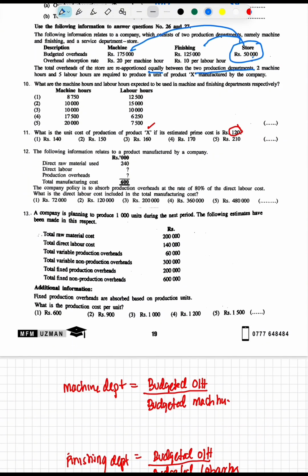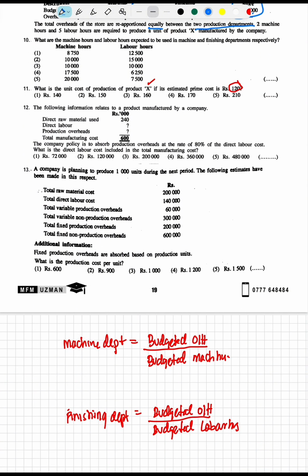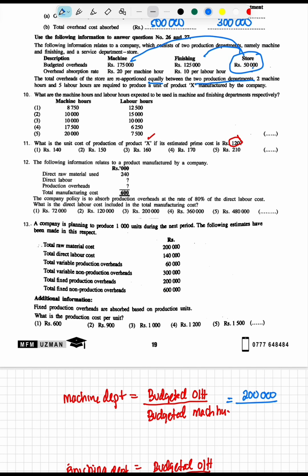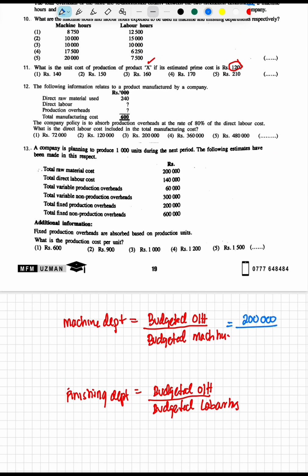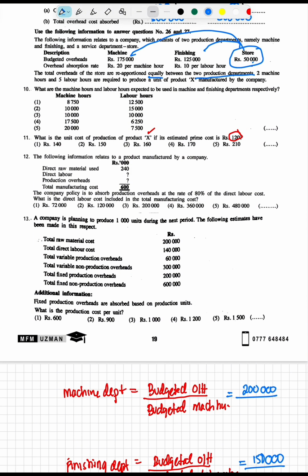So machine department 175 plus 25 is equal to 200,000, and finishing department 125 plus 25 is equal to 150,000. I hope you all understood that.